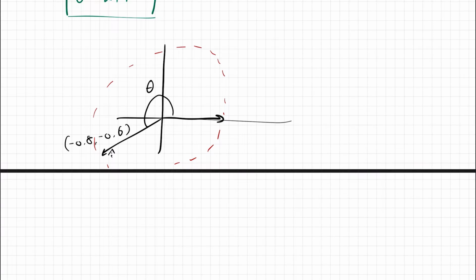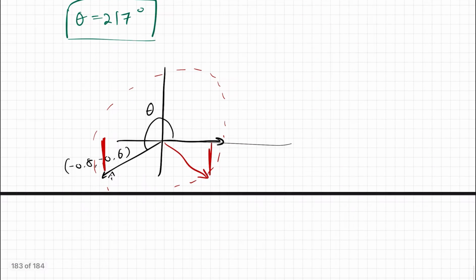We can't just look at the sine components. Remember, sine of a unit circle is the height. We can't just look at either the sine or cos, because if we just look at the sine or cos, it could be here or it could be here. Both of these would give the same sine and cos of these angles, right?